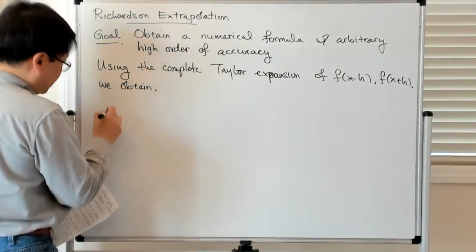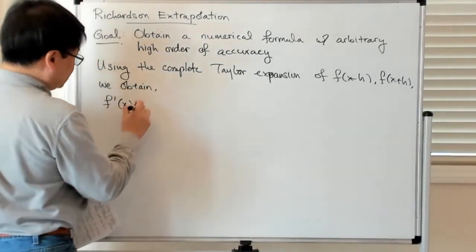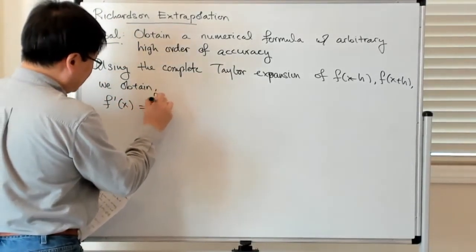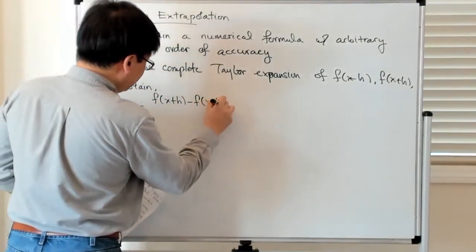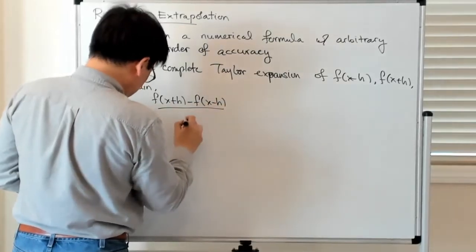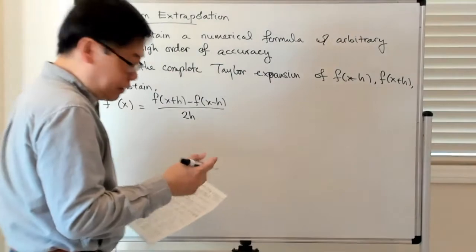You can check that the first derivative f prime at x can be approximated by f of x plus h minus f of x minus h over 2h, with the error terms which we saw before.